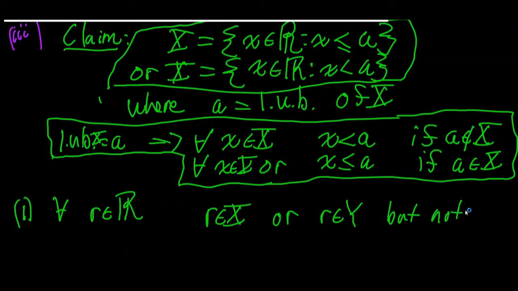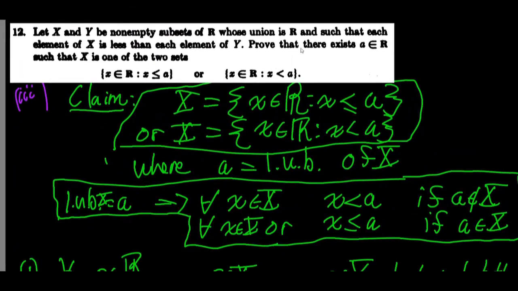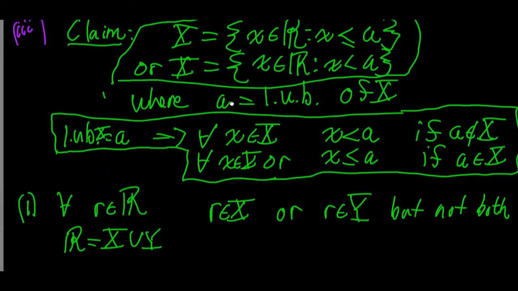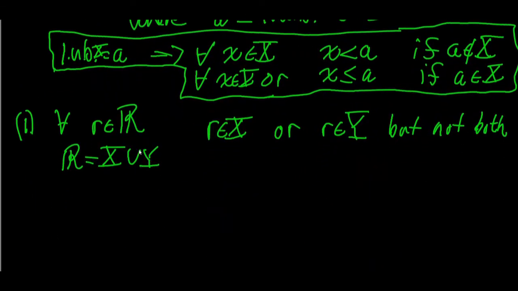We know that R is equal to X union Y, because that was what they stated: X and Y, whose union is R. So we know that r is in X or r is in Y. But what about this "not both" business?